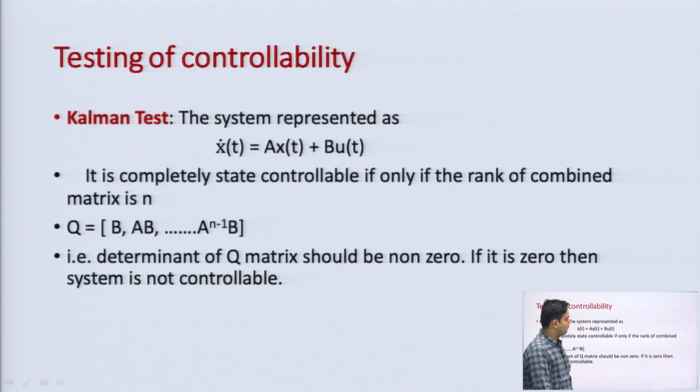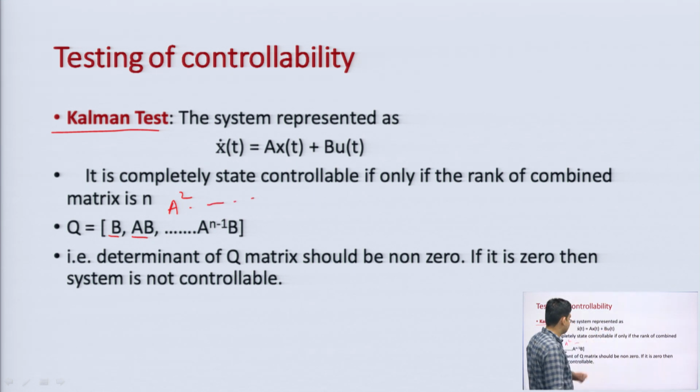We need to define a test, which is the Kalman test, which will test whether my state space variable is controllable or not. In that case I need to define a matrix Q. It can be obtained as B, AB, then A square B, and this power of A will go on.